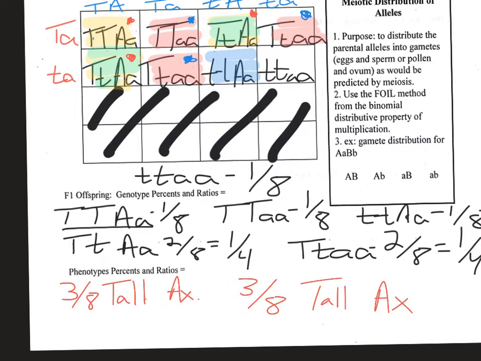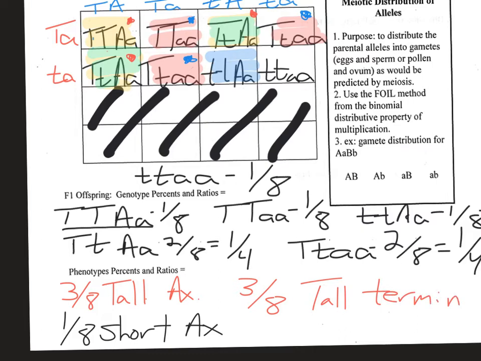Well, there's only going to be 1 out of 8. There's only 2 left. So 1 out of 8 is going to be short and axillary, right? And the other is going to be short. Oh, and I put, dang it, guys, I'm sorry. I put axillary here. Nobody caught me. This should say terminal, shouldn't it?